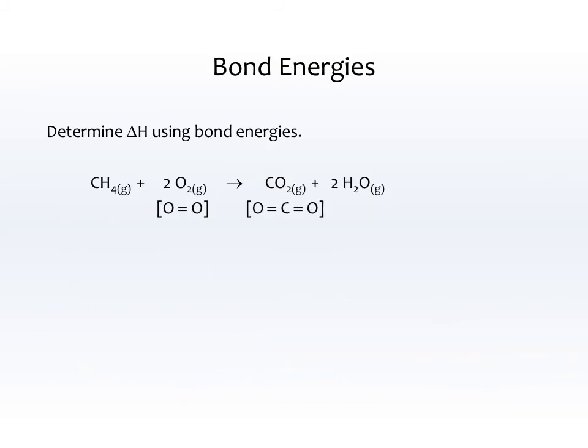One more example. Determine delta H again using bond energies. You need to be able to draw the pictures of the bonds because we're trying to figure out which bonds are breaking. So CH4, that's a C with 4 H's around it.